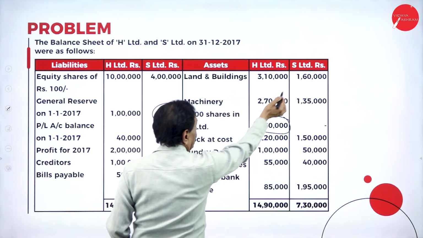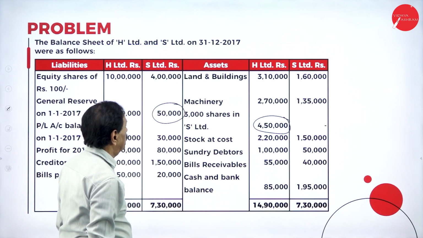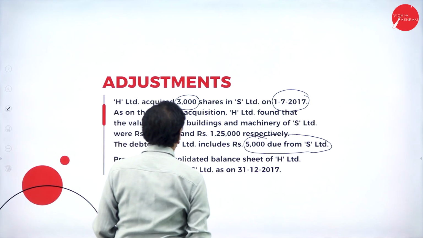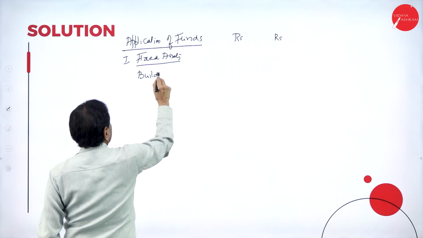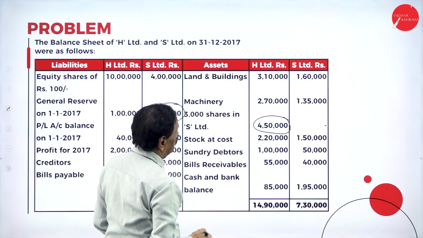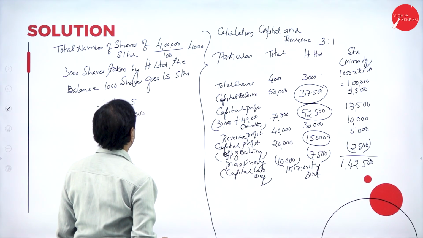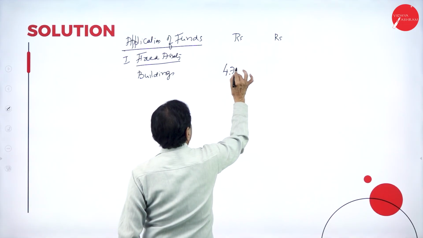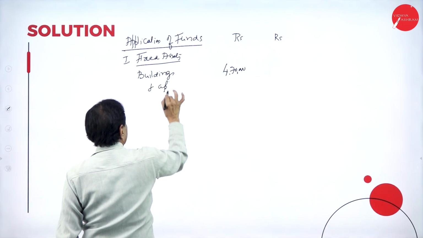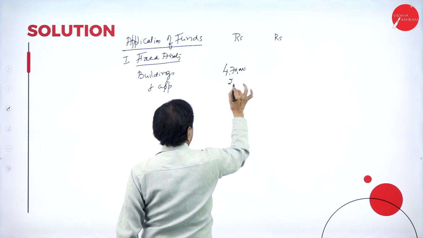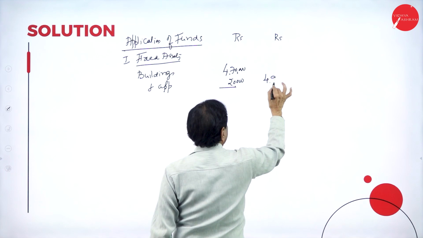Building 3,10,000 plus 1,60,000, 4,70,000. How much more? 20,000. Building 3,10,000 plus 1,60,000 means 4,70,000 plus appreciation 20,000. 4,90,000.